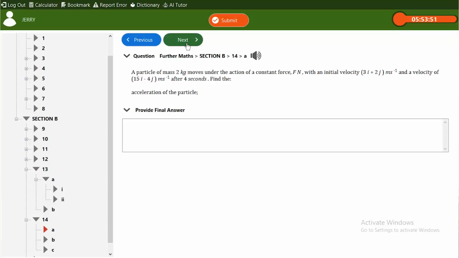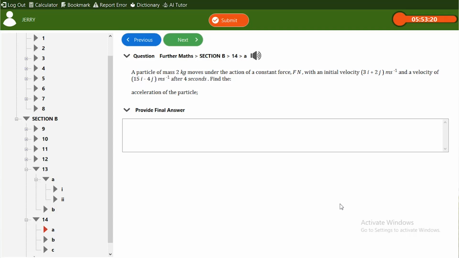Find the acceleration of the particle. It's a pure physics question in the form of vectors. So there is vector in further mass, there is vector in physics. The knowledge you have gained from physics is going to help a lot in the aspect of formula.